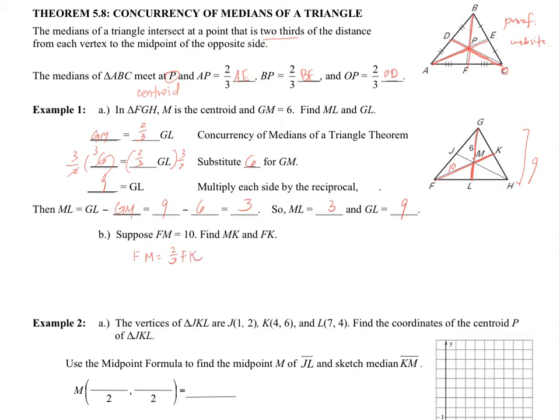So that is just taking 10, setting it equal to 2/3 FK and solving for FK, which equals 15. So FK is 15. So to get MK, all I have to do is take 15 minus 10, which equals 5.